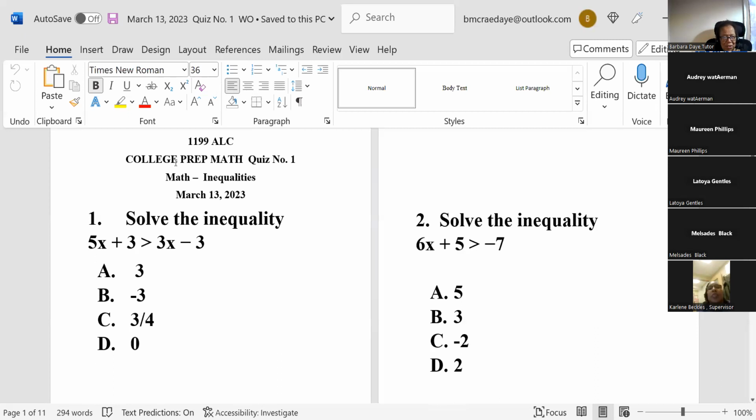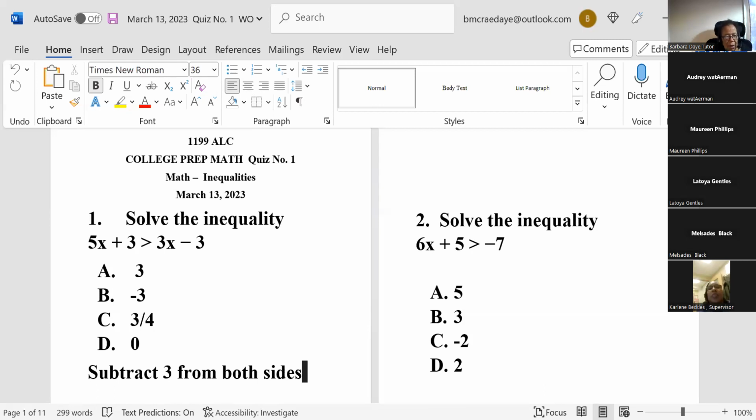Mercedes, how did you solve this? I take away 3 on both sides. Okay, subtract 3 from both sides. Let's put what you said: subtract 3 from both sides.